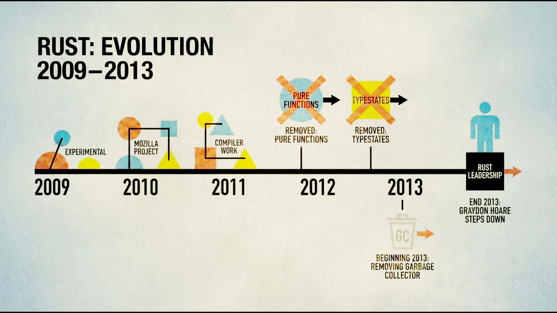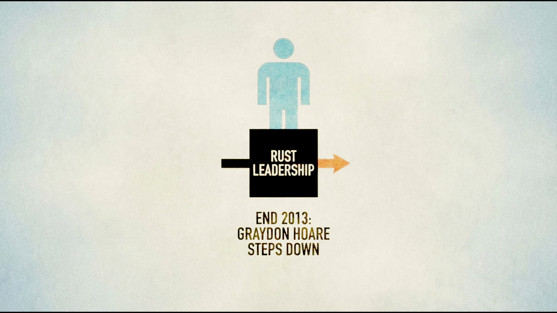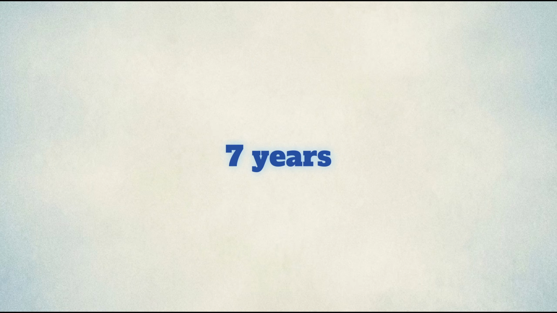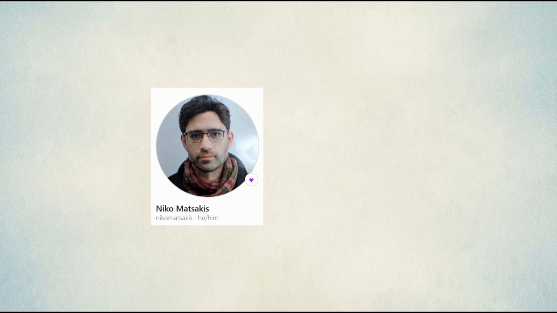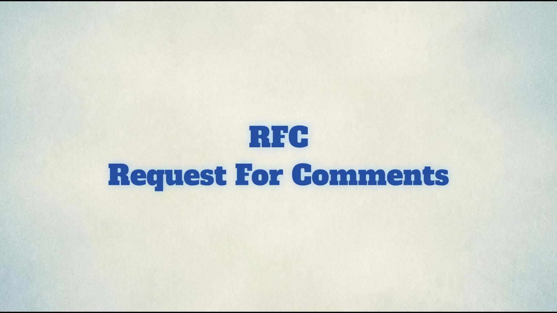And in 2013, something happened. Graydon Hoare stepped down. He had spent seven years building this language, and now he handed it to others. Niko Matsakis took over language design. Aaron Turon joined the core team. A governance structure emerged. An RFC process, request for comments for short, was established so the community could have a voice.